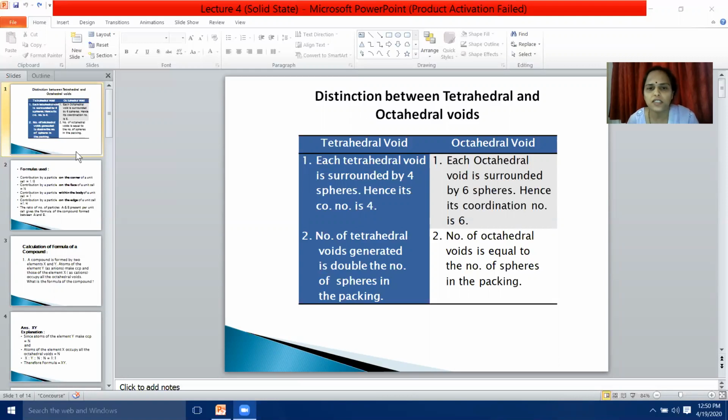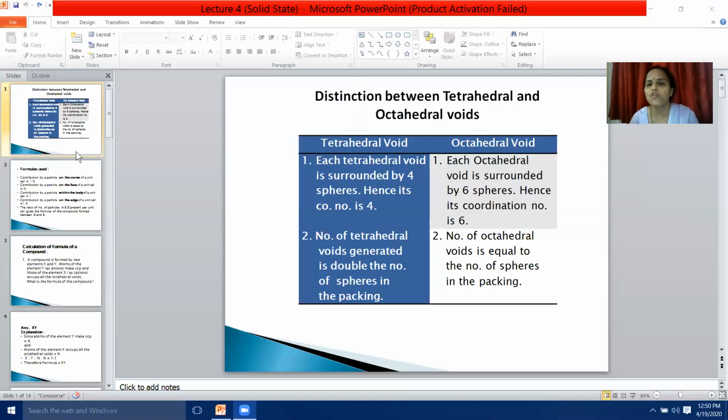The second difference is that the number of tetrahedral voids generated is double the number of spheres in the packing. This I showed you in the last video, and I told you that if the total number of close packed spheres is equal to n, then the number of tetrahedral voids generated is equal to 2n.